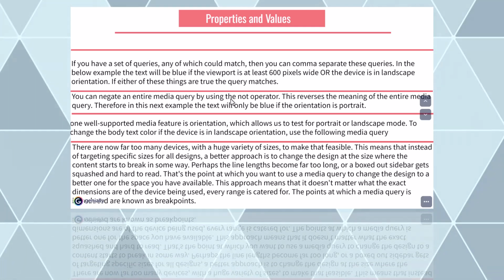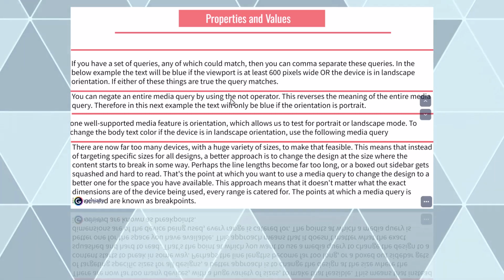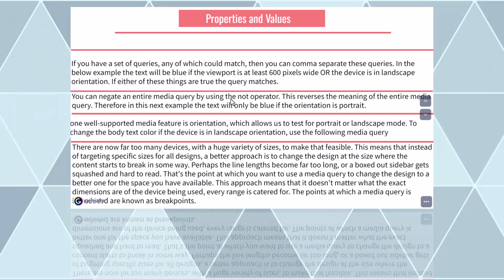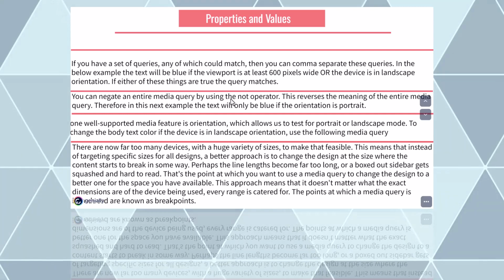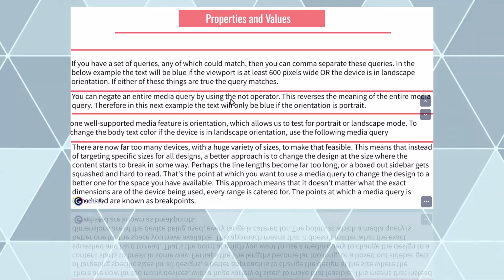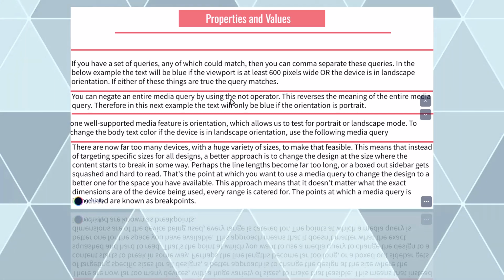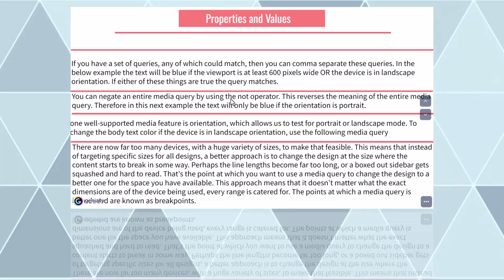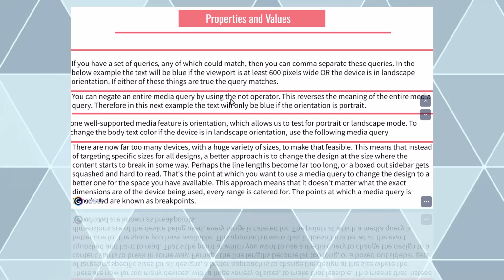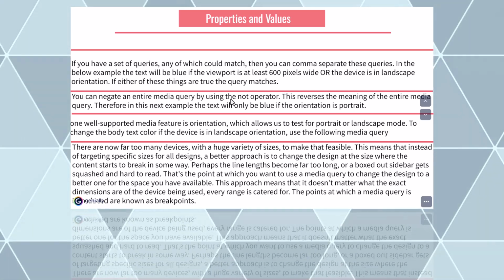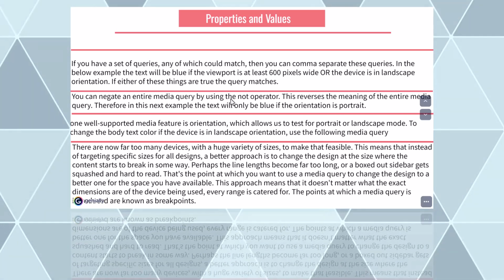That's the point at which you want to use the media query to change the design to a better one for the space you have available. This approach means that it doesn't matter what exact dimensions are of the device being used, every range is catered for. The points at which media query is introduced are known as breakpoints.